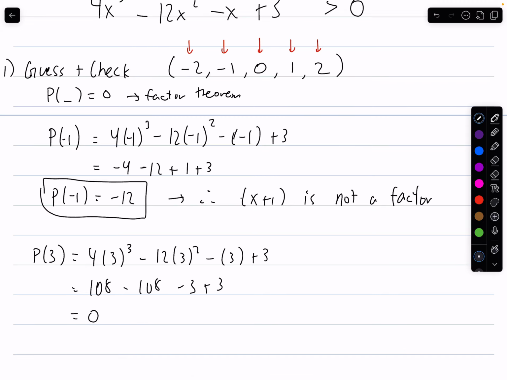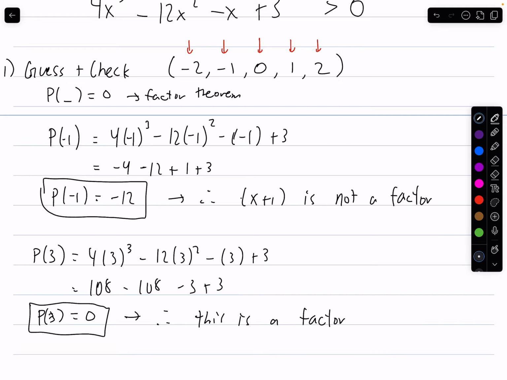This is one of those cases where I actually got 3 to give me 0. Obviously, I didn't put 3 in the list of numbers, but it is a value that you can test. Most times on a test, though, guys, you're not going to get 3. You're going to get any one of these numbers, -2, -1, 0, 1, 2. So p at 3 is equal to 0, which confirms that this is a factor.